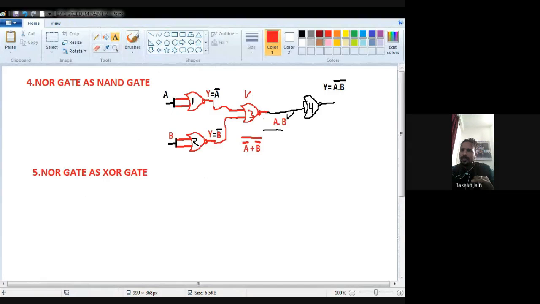as a NOT gate in which one input is A, one input is B. So the output will be A bar and B bar. So see this circuitry.